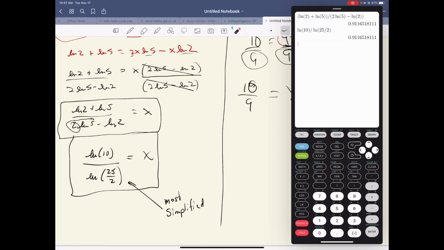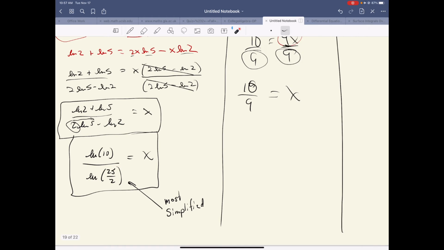So since that is the same, that shows you in a calculator that they are equivalent, and they are equivalent through nothing more than the properties of logarithms: that's multiplication, that's actually an exponent, and then that is actually division within the log right there.